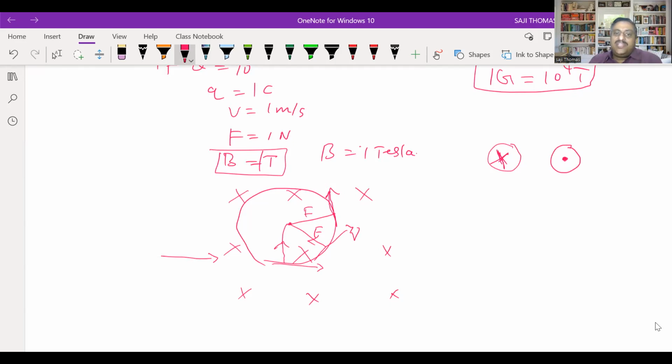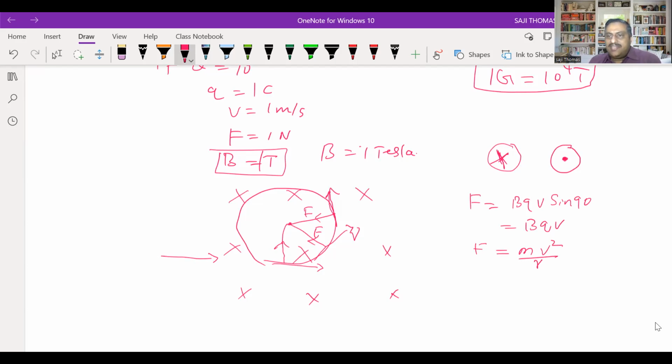We can find out the equation for the radius of this path. Here centripetal force is provided by the magnetic force. What is the force equation? F is equal to vqB, where the angle between v and B is 90. This provides the centripetal force. What is the equation for centripetal force? mv square by r.